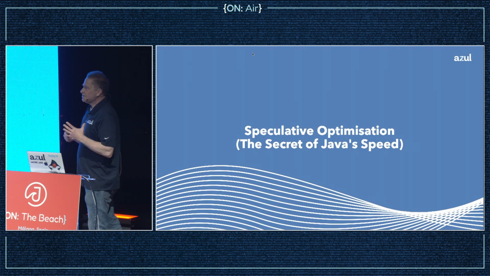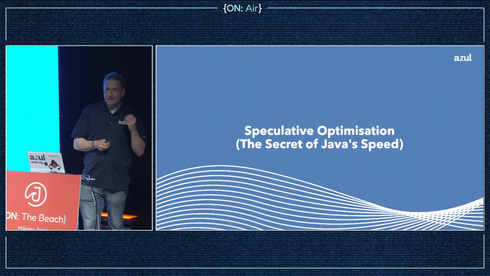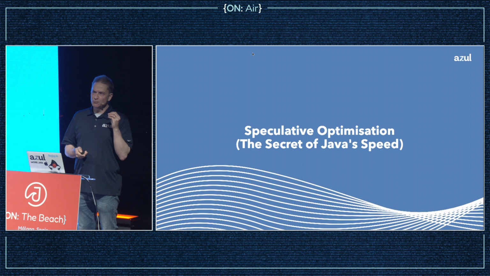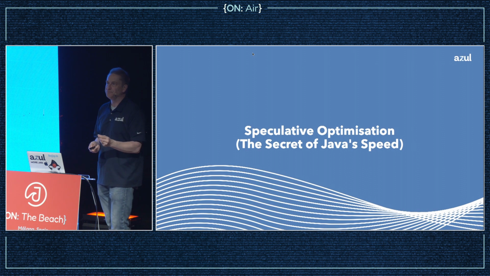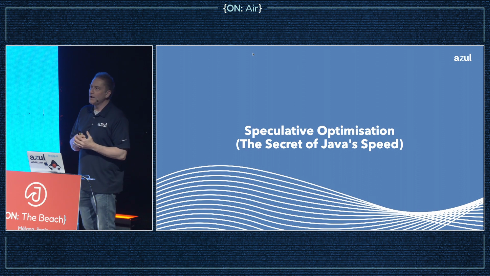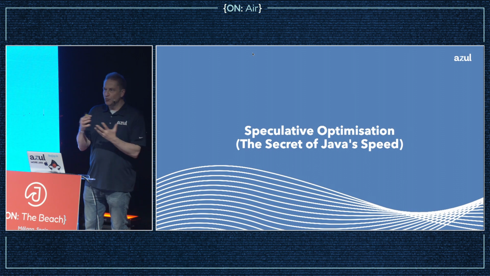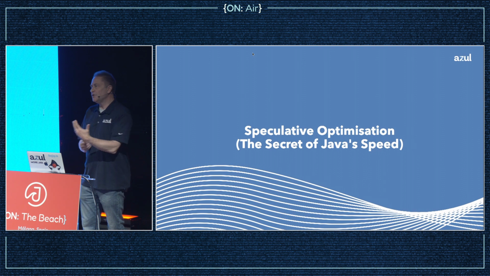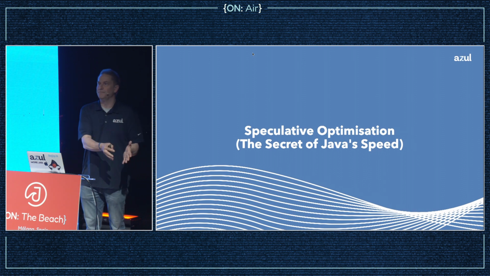So the other thing that we need to understand in terms of how these things work is speculative optimizations, because this is really key to how we get better performance and faster speed out of Java. A lot of people, when you talk to them about JIT compilation and improving the startup time and the performance of Java, will often say, well, doesn't it just make more sense to compile ahead of time?